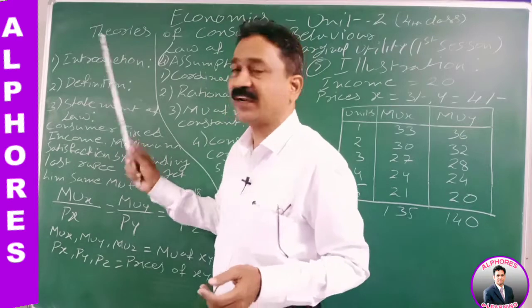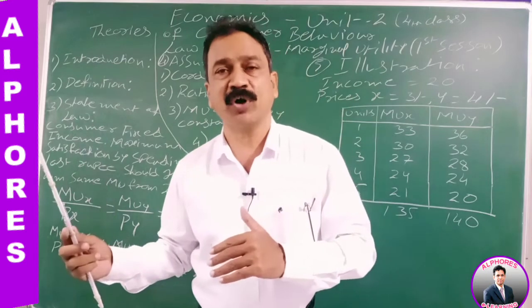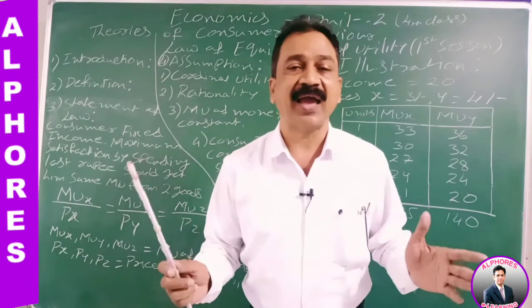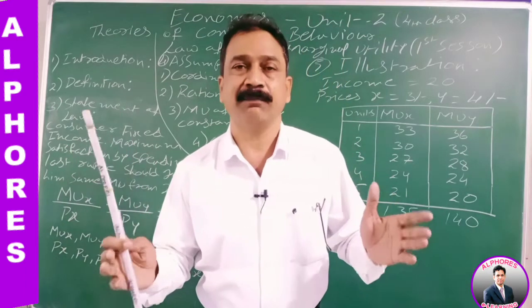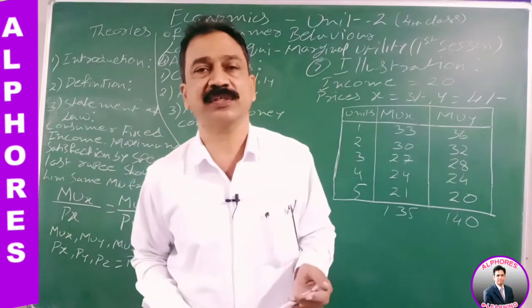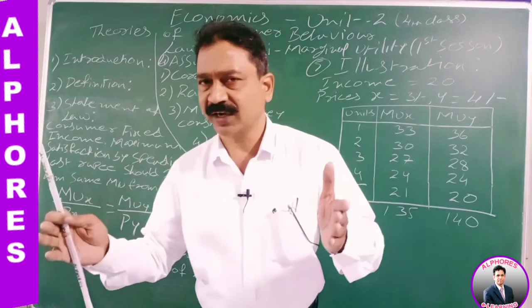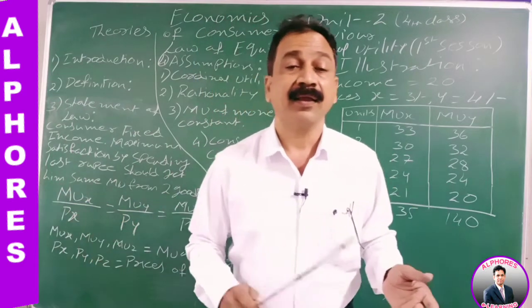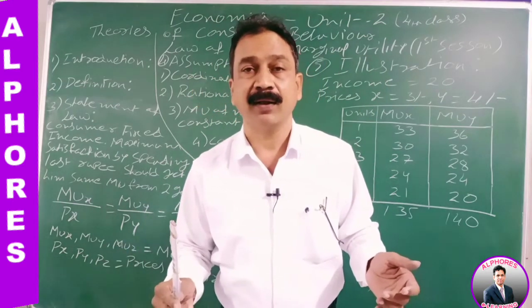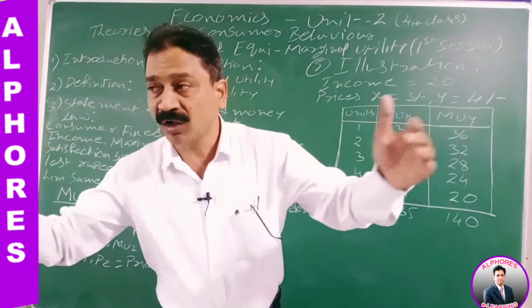Now we will go to the second one, definition. This definition talks about how Alfred Marshall explained equi-marginal utility. If a person has a thing, this thing is income, money, which can be put to several uses, like purchasing a bike, Activa, car, this, that, several uses, then he uses that money in such a way that it gives him maximum marginal utility from all the commodities.